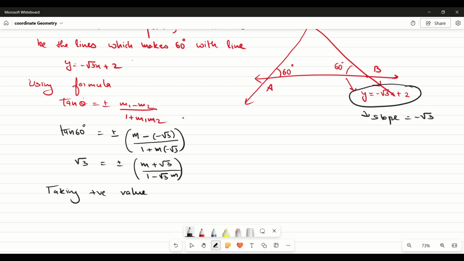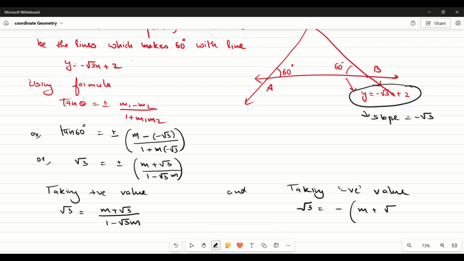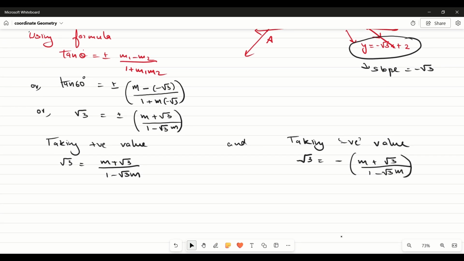Taking the positive value, we get root 3 equals (m plus root 3) divided by (1 minus root 3 m), and for the negative value, minus root 3 equals (m plus root 3) divided by (1 minus root 3 m).